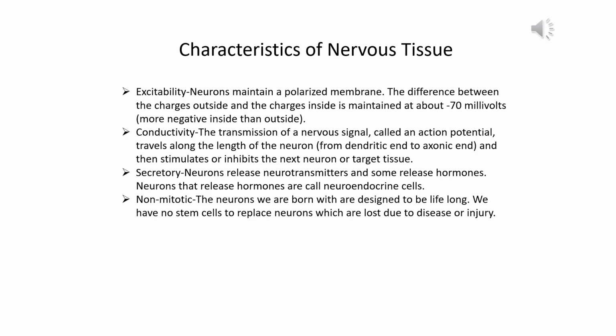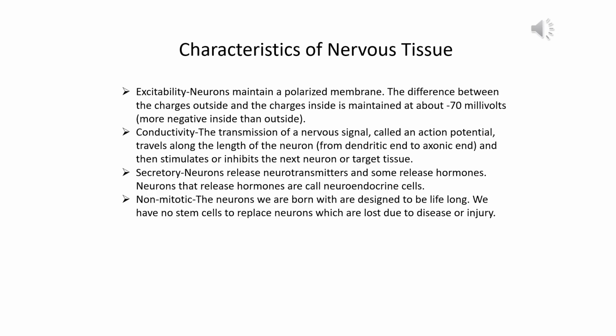So we might have a depolarization by the opening of sodium channels. We might get depolarization at a particular location, but how does that translate into the transmission of the depolarization from point A to point B? Well, that's called conductivity. Muscles do that. Nerve cells also do that.